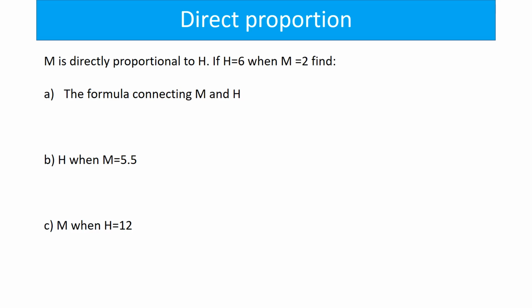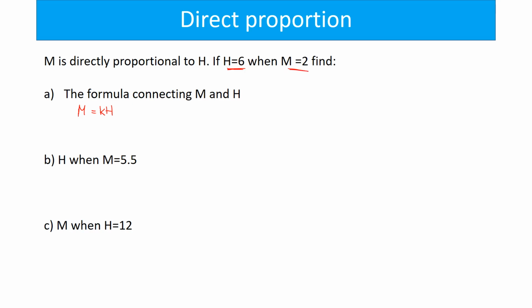This is what we mean. First of all, I'm going to write down that statement: m is directly proportional to h, so m equals kh. Now I have those two values. I know that if h is 6, then m is 2.